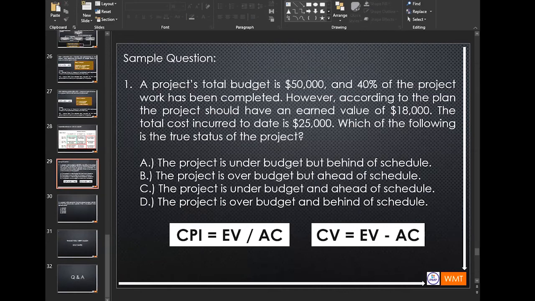D daw, sabi ni Cha. D? Huh? D is correct. B? Letter B? Yeah. Project is over budget but ahead of schedule. Sir, kung naman po ng explanation why.